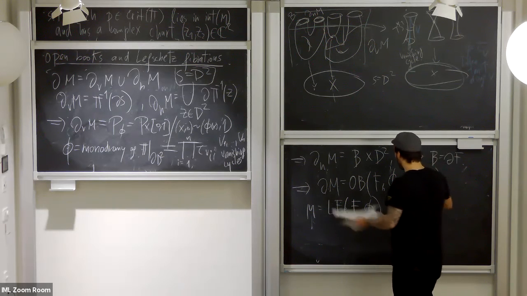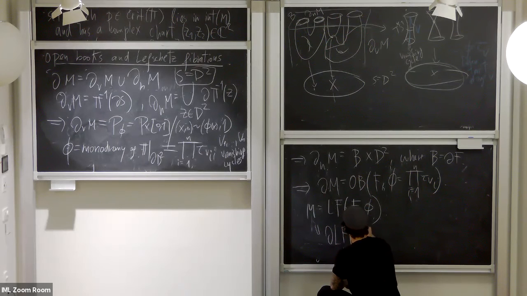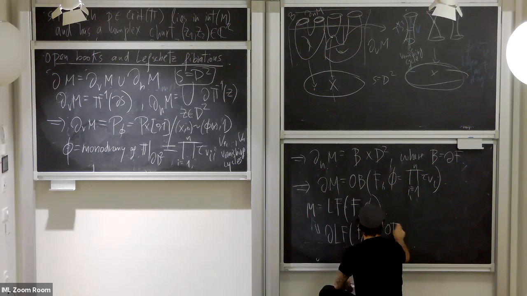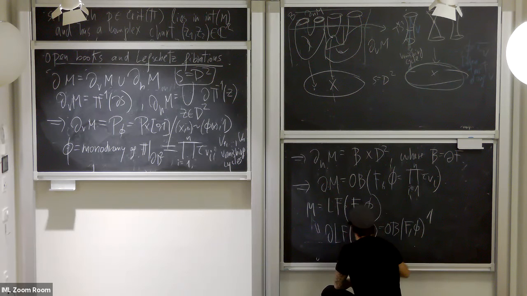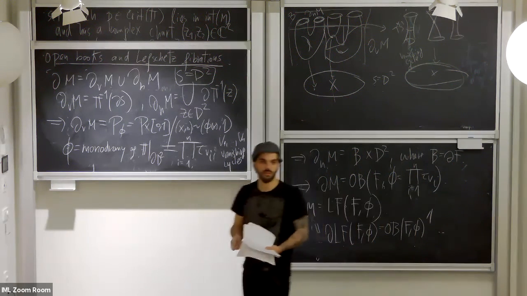So the motto, what we just proved, is that the boundary of the Lefschetz fibration associated to regular fiber F and monodromy phi is the open book for the same data. Okay, so this is the topological, smooth statement that I wanted to make.